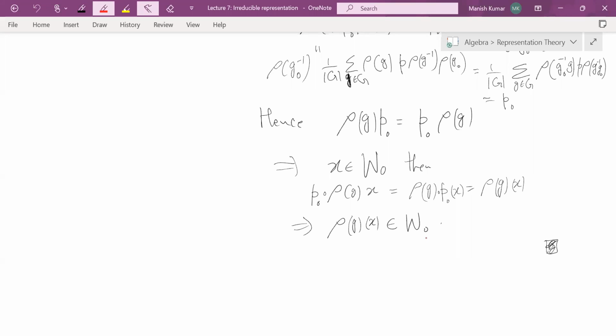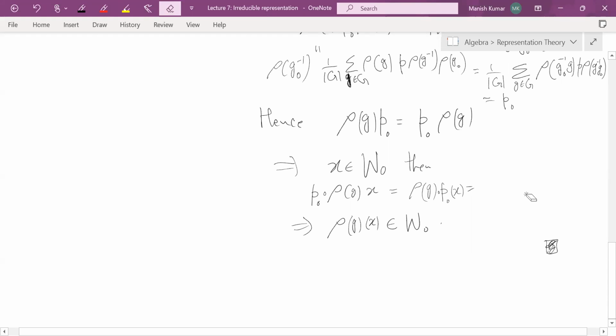No, sorry, I messed it up. It's 0, right? So W0 is the kernel of P0. The final conclusion is true, but you start with x in W0 and you apply rho g to it. You want to say that it still lands in W0.